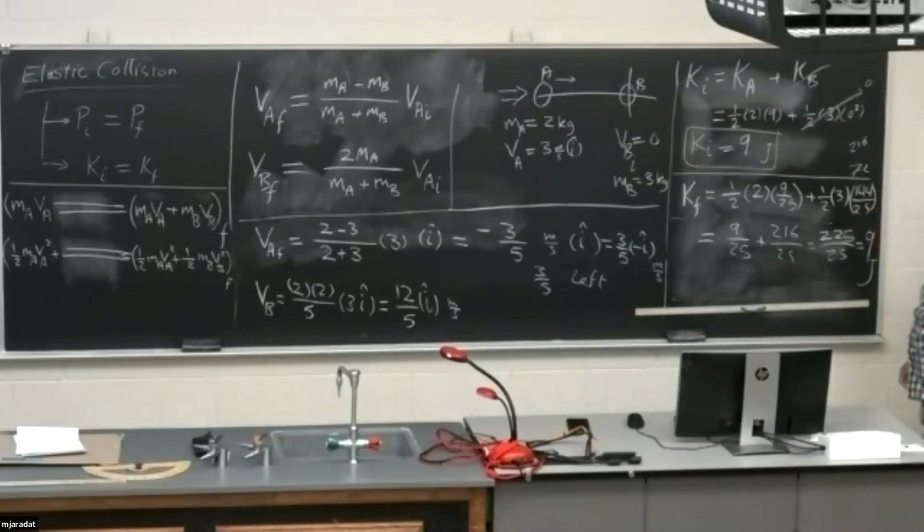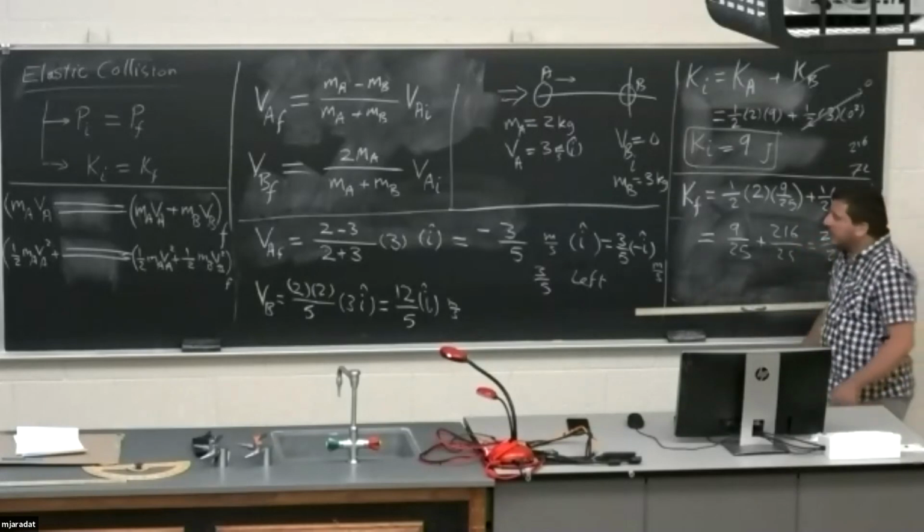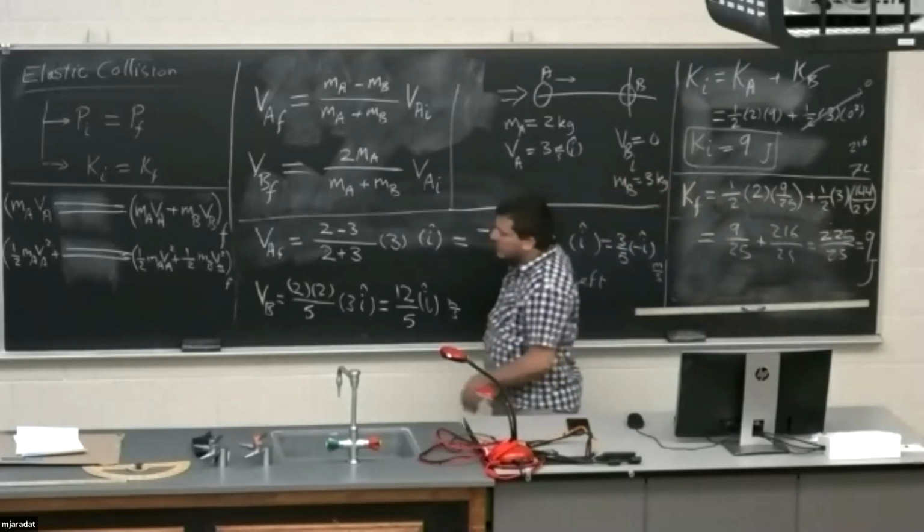Can you see that? Yes, I think yes. Again, we have 9 joules after the collision. We don't have any lost energy or any gained energy. Nobody put energy into the system.